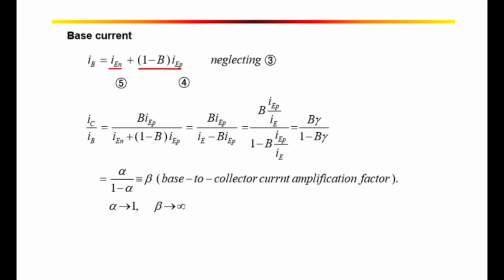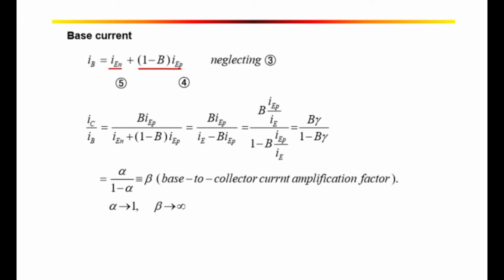So B gamma divided by 1 minus B gamma, and we know that the base transport factor times the emitter injection efficiency gamma is the current transfer ratio. So in the numerator we write alpha, and in the denominator we write 1 minus alpha.